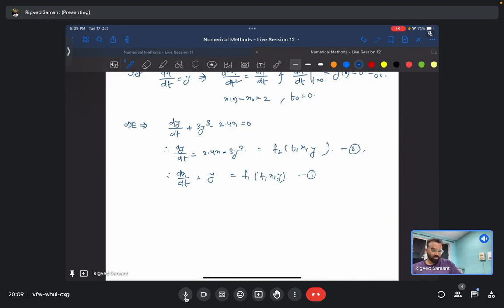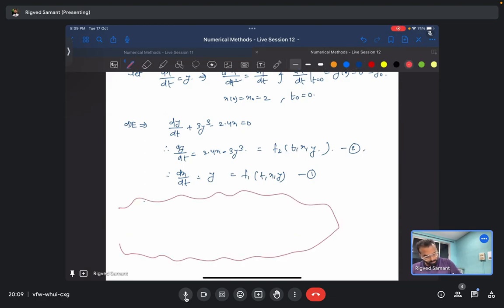So what is the Heun's method for f of t comma x, some function?